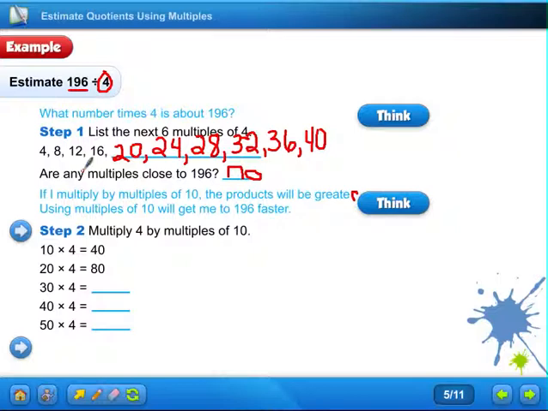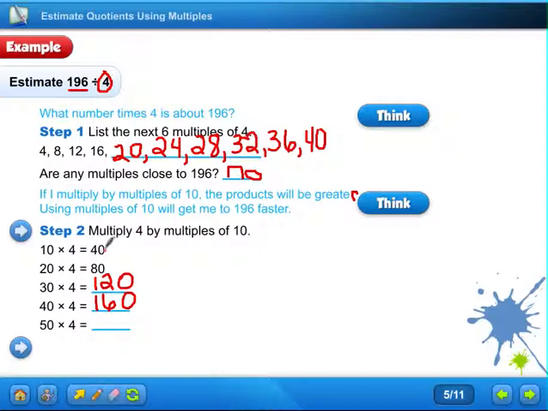So they did 10 times 4 is 40, 20 times 4 is 80, 30 times 4 is, what is 3 times 4? 12, and add that 0. 4 times 4 is 16, and add the 0.